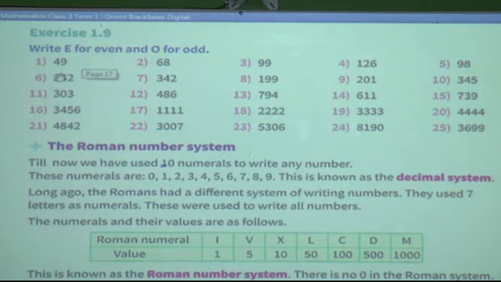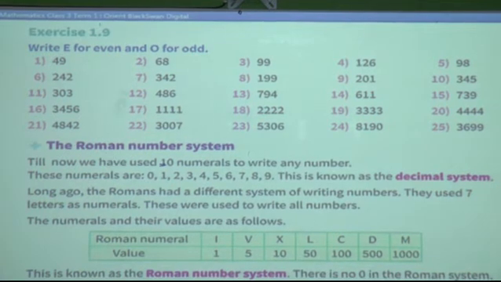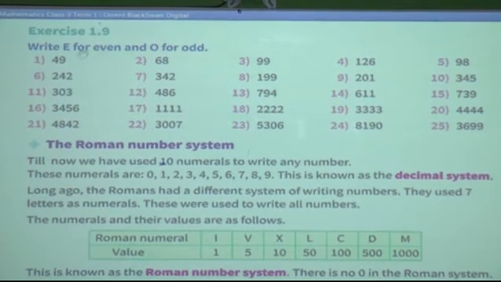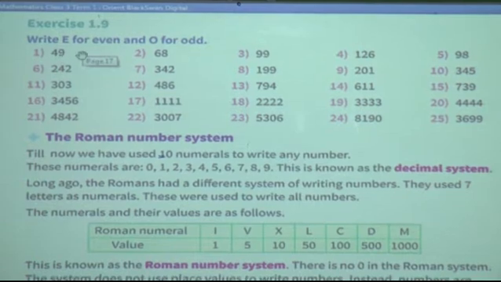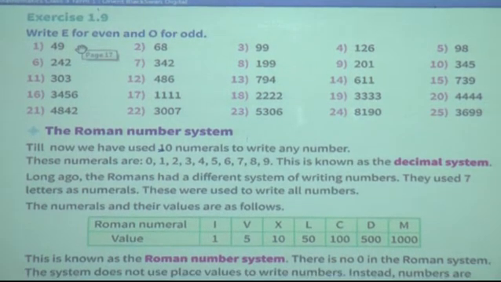Now we will see the first number, 49. Yes. Now can you tell me, is 49 even or odd? Yes. Write in your textbook. If the number is even, write capital E in front of 49, or if 49 is odd, write O in front of 49.